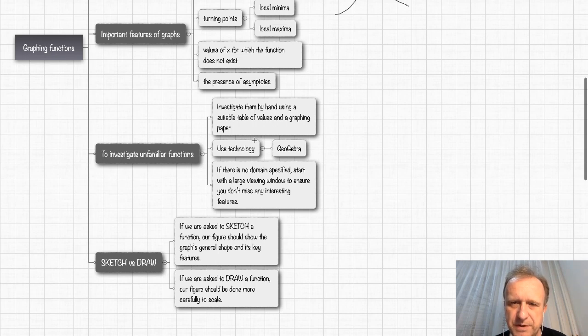Imagine you would set up the table and choose x values quite close to one another and fill in the table by using the formula of the function, and then you would just plot this table on the graphing paper, and then perhaps you could see the typical or important features of the function, because you could fit these points with a curve of some shape, and you could then describe the function.